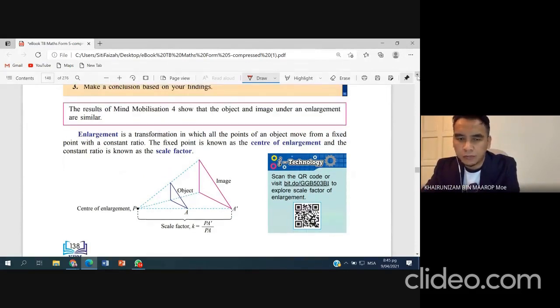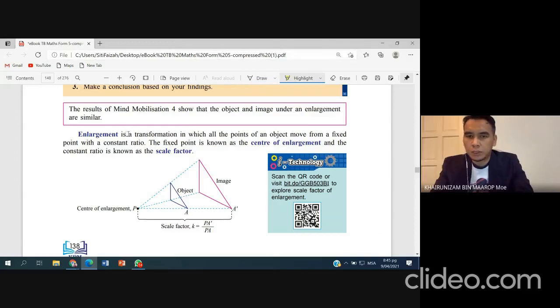So the result of this activity: the object and the image under an enlargement are similar. So enlargement is a transformation in which all the points of an object move from a fixed point with a constant ratio. So that is the enlargement, like this.